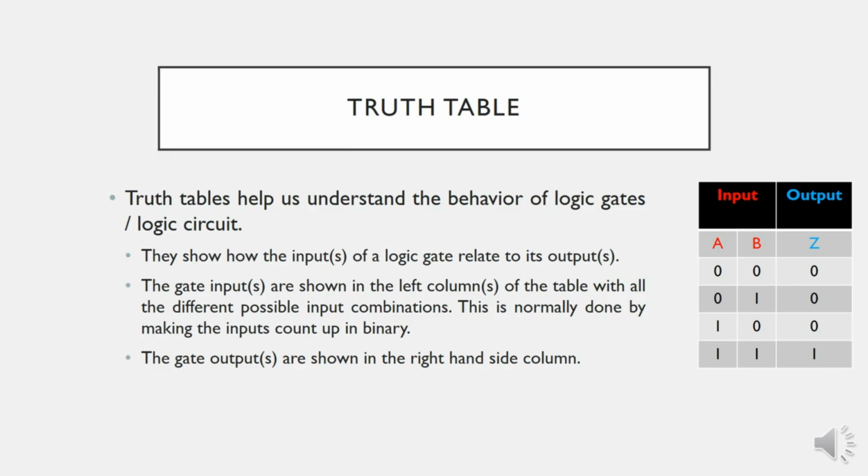Just for a recap, the truth table here shows a logic circuit with two inputs, A and B, and one output Z. Normally in a truth table, the input will be on the left side and the output will be on the right side.